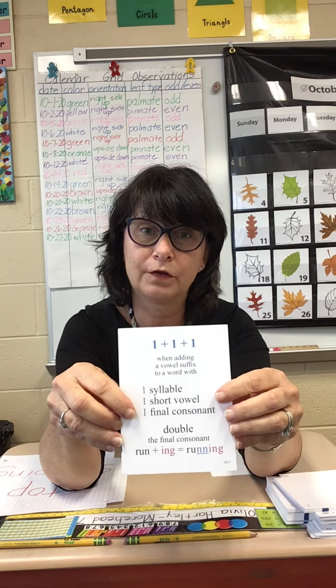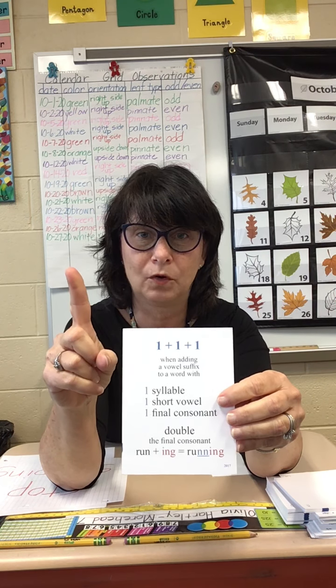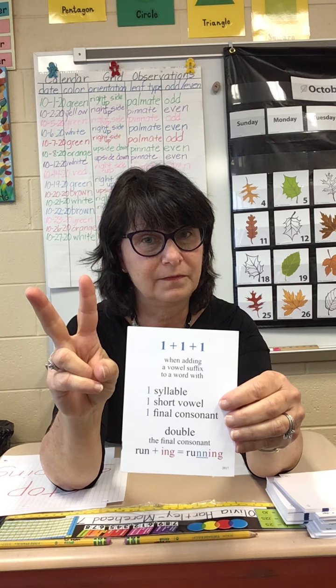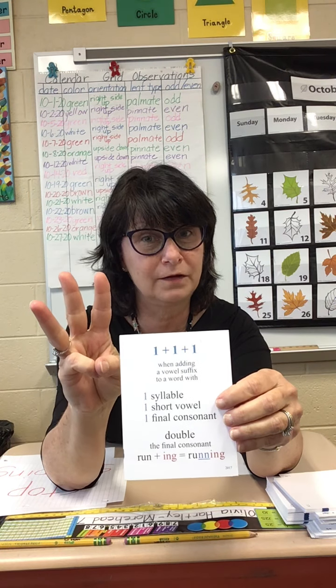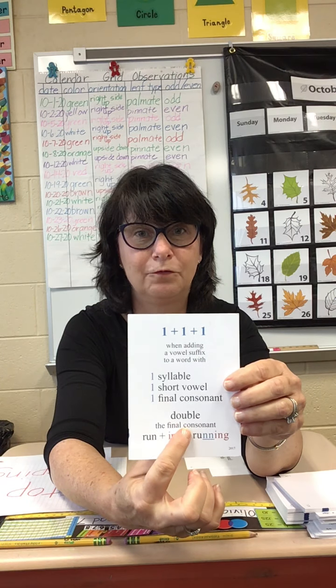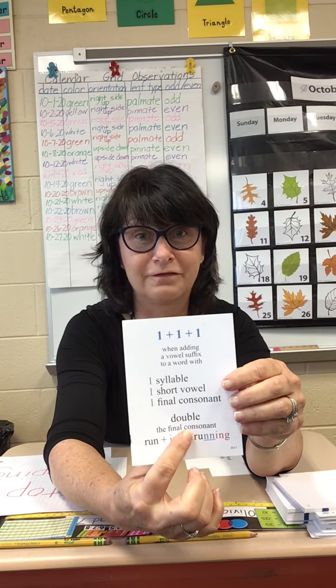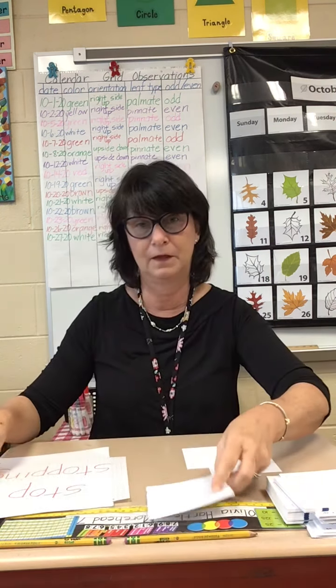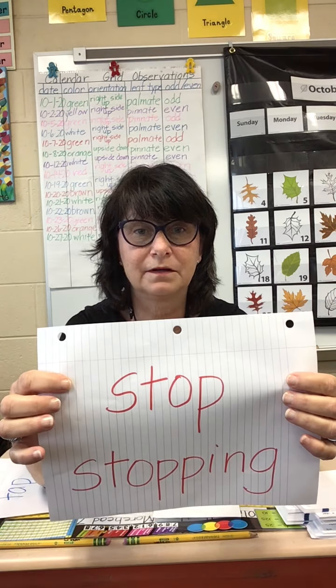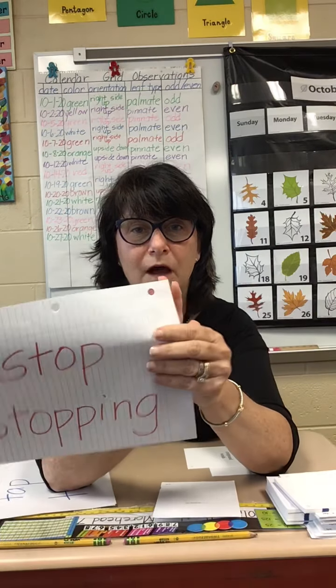If you have a word that has one syllable, one short vowel, and one final consonant, you have to double the final consonant before you add the vowel suffix. Okay? Here's an example. Stop has one syllable, stop.